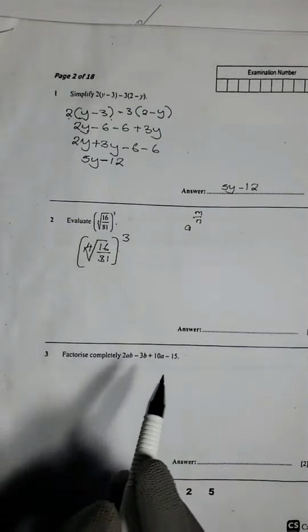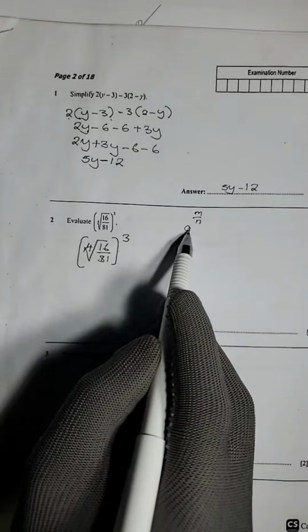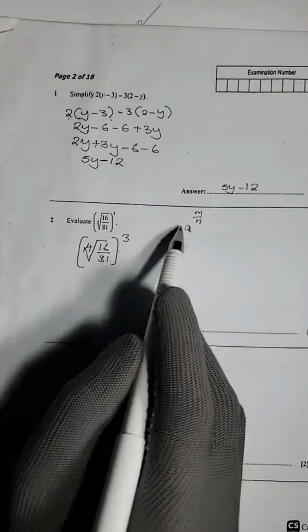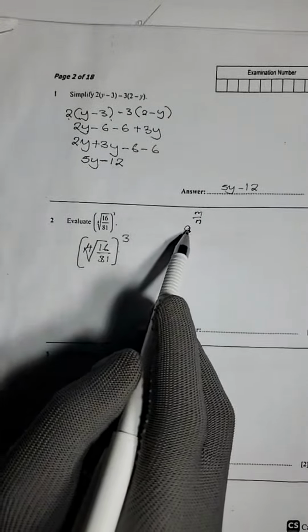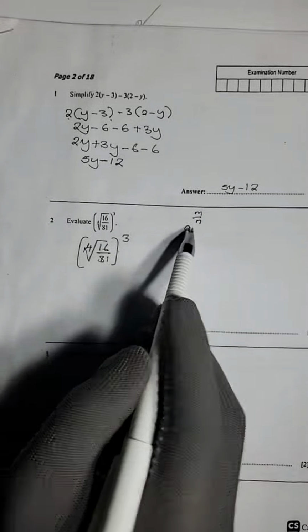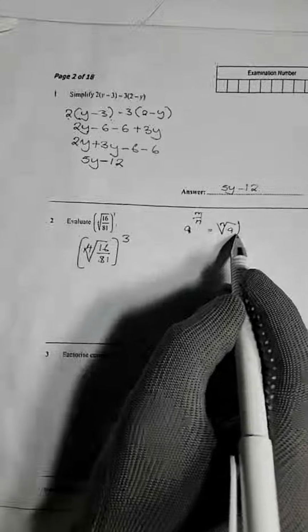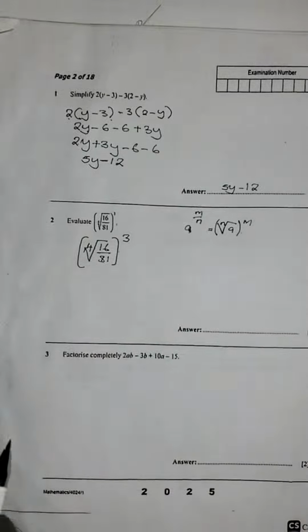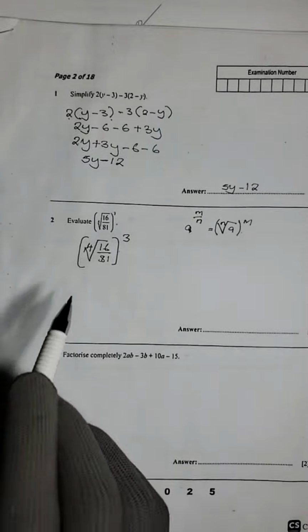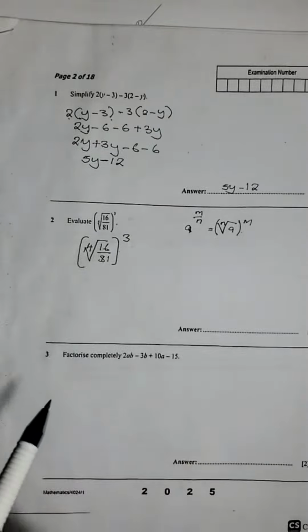Any number raised to a fractional power, the denominator of the fraction becomes the root of the base. So this can also be written as the nth root of a to the power m. It is the same as this. This is by definition.